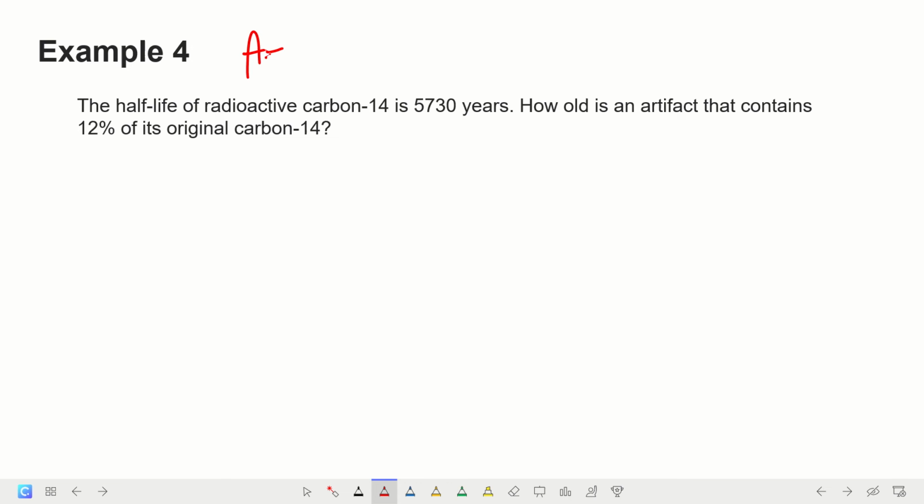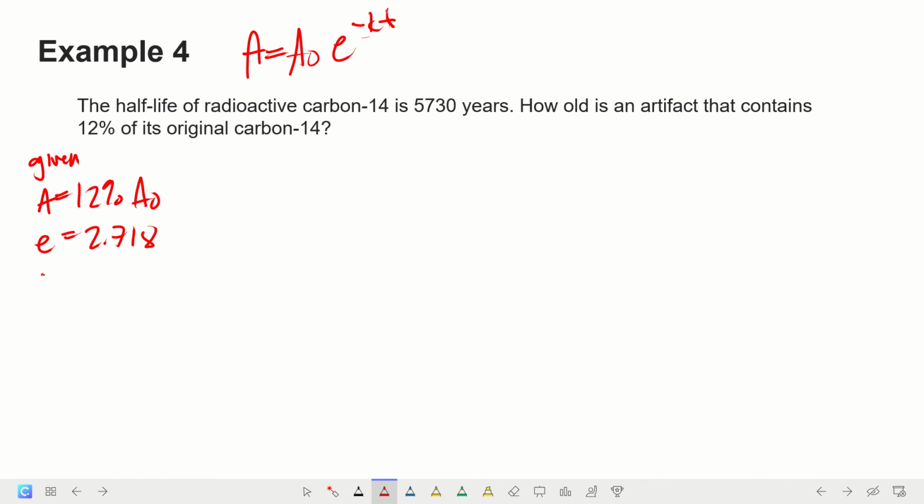A is equal to A sub O times e raised to negative kt. So in this case, we need to look for k and we need to look for t. So ilagay natin dito yung given. So ang given natin dito is A, which is equal to 12% of its original. And then ang known lang naman dito is, di ba, si e is about 2.718.